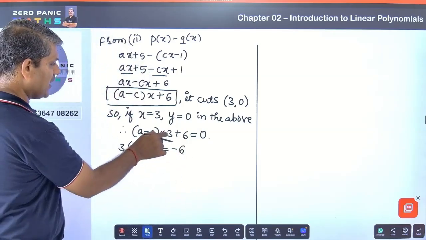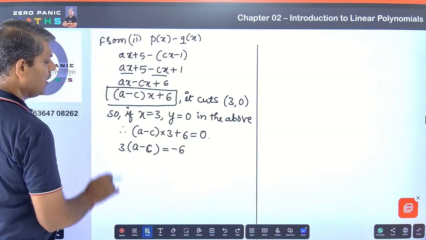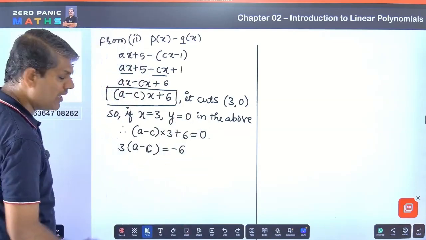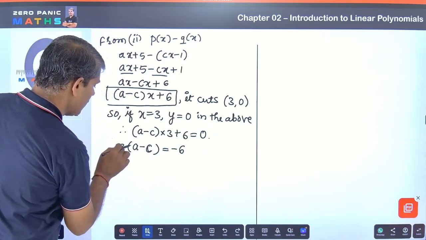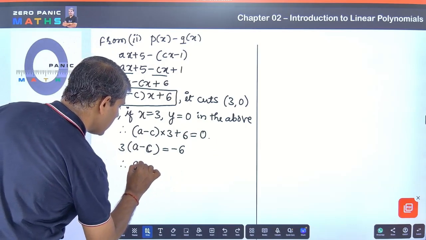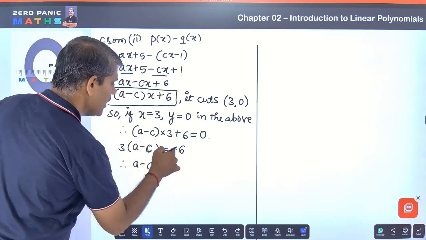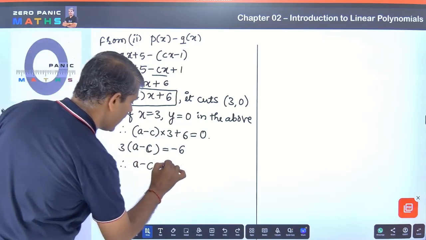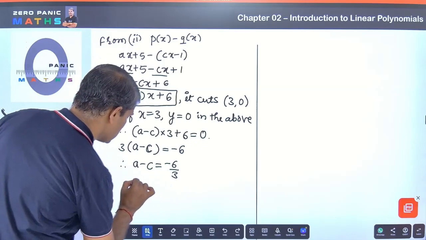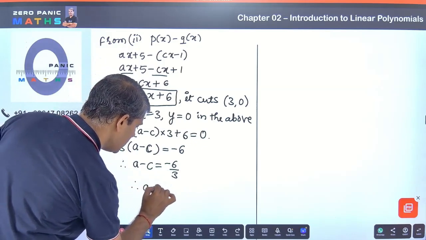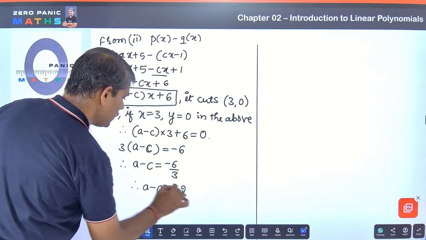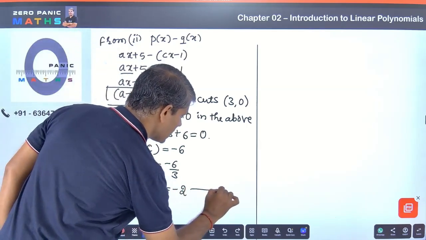I just took 3 to the beginning and then taken plus 6 to the right side, it is minus 6. So if you take 3 to the right side, a minus c is equal to minus 6 divided by 3, that is minus 2. So therefore a minus c is equal to minus 2.